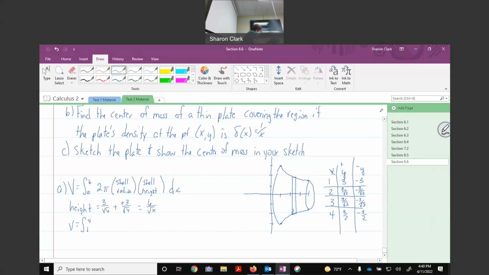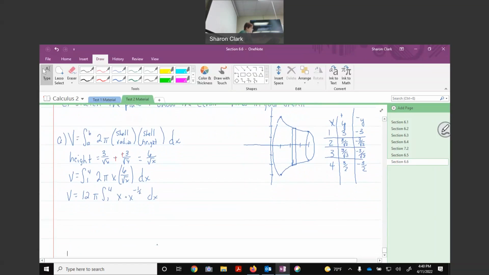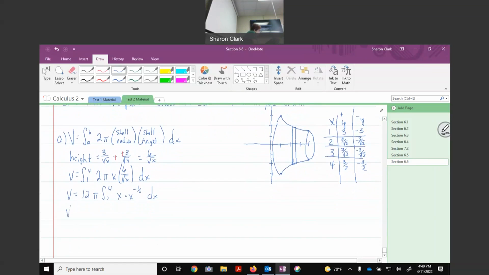1 to 4 of 2 pi x times 6 over the square root of x dx. So V equals 12 pi integral 1 to 4 of x times x to the negative 1/2 dx, with the square root in the bottom. And so V equals 12 pi times the integral from 1 to 4 of x to the 1/2 dx, since 1 minus a half is a half.